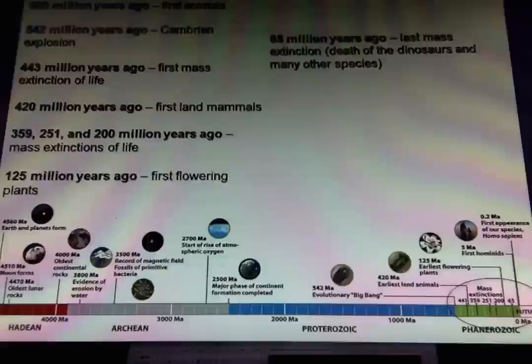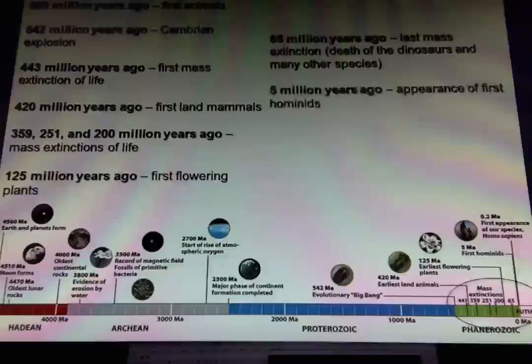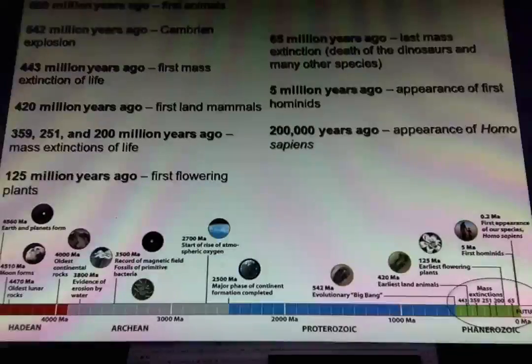So here you have the death of about half of all species on Earth, including the dinosaurs. Quite possibly as a result of the impact of a meteorite in and around modern-day Mexico. So it threw so much dust into the atmosphere that it changed global climate. 5 million years ago, first appearance of hominids, our early ancestors. 200,000 years ago, appearance of Homo sapiens, so us.